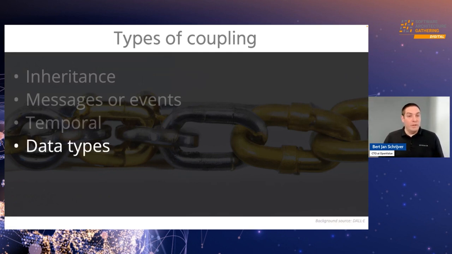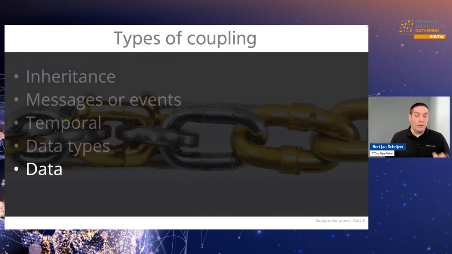You can have coupling via data types. For example, in JPA, in database access, there's an entity that corresponds to a class in a database. If you change something there, then the database may need to change, and the stuff calling this entity may also need to change. You can have coupling via data.